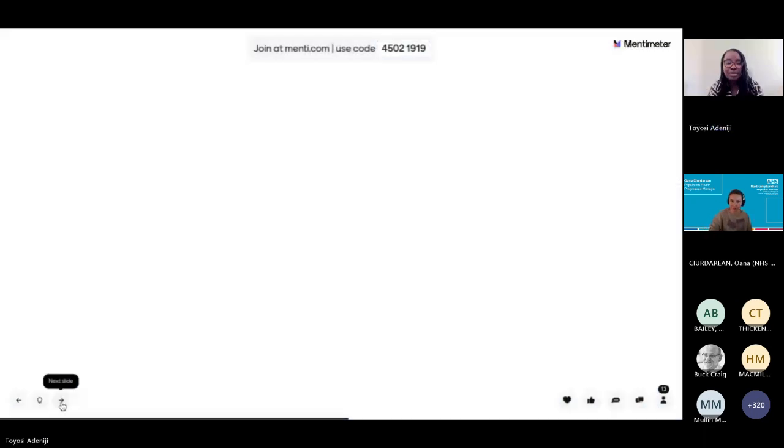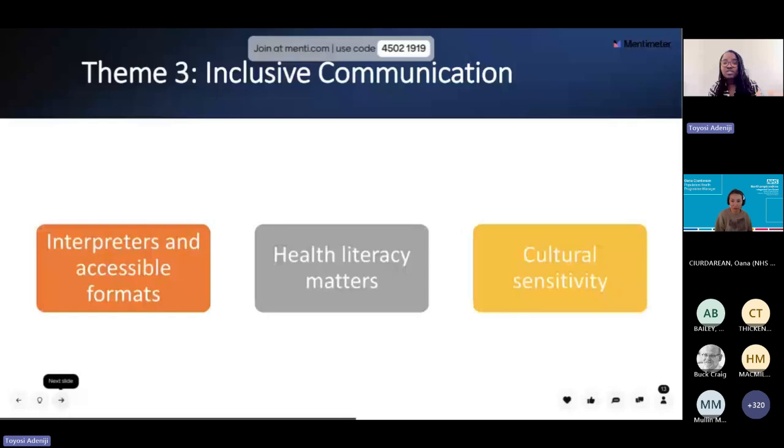Okay. So which leads us on to the third theme around inclusive communication. We've talked about this. Interpreters, let's try and use this a lot more, as much as possible, really. Health literacy matters. People have touched on that. And thinking about cultural sensitivity.